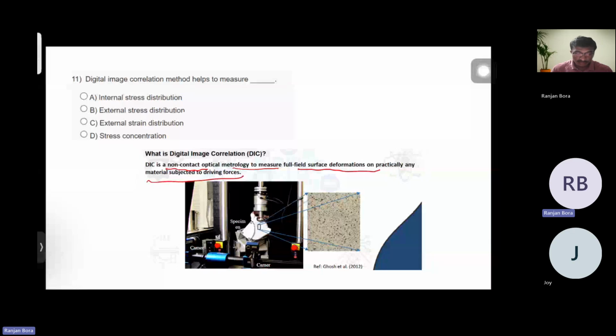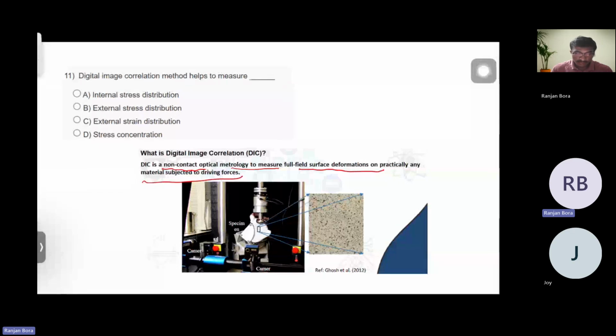In this figure, you can see we are using the DIC method to measure the full field surface deformations. They are using a high resolution camera through which they can measure the deformations on practically any surface which is subjected to driving forces. So we measure mainly external strain distribution.